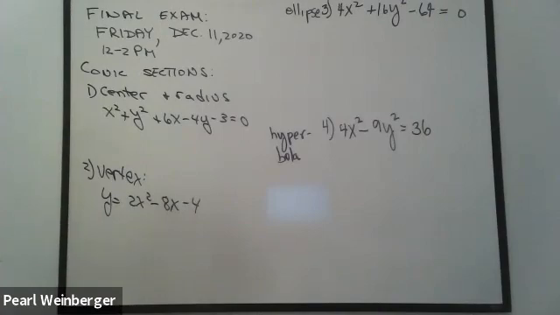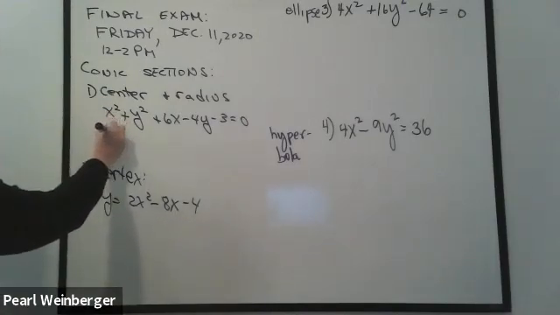All right. First of all, this first one, where you're asked to find the center and radius of the circle. What you have to do is put all the x terms together, all the y terms together, and all the other numbers on the other side of the equation. And then you have to complete the square so that you can put this in what we call standard form.